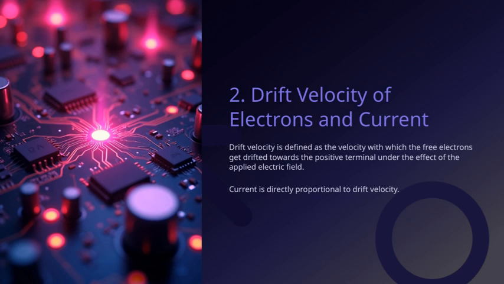This concept is crucial because it links the microscopic motion of electrons to the macroscopic flow of current we measure in circuits. So, understanding drift velocity helps us grasp how electric current actually flows at a particle level, tying together the microscopic and macroscopic views of electrical conduction.